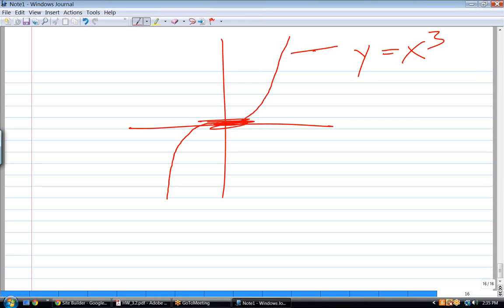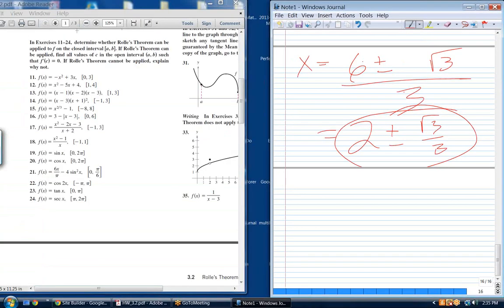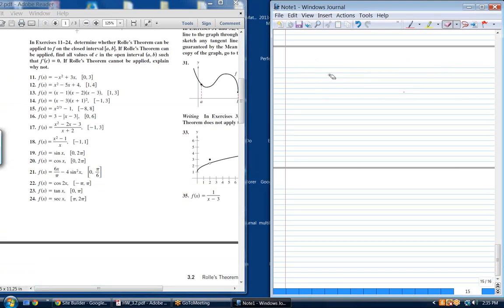That's not an extremum. So just because a function is a cubic doesn't mean it has to have 2 extrema. Alright. I think you get these, so we might not have to do all of these.